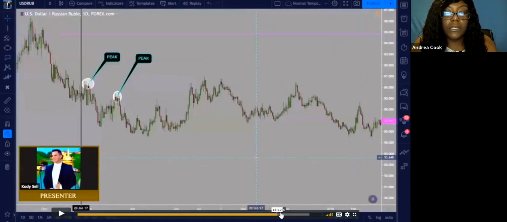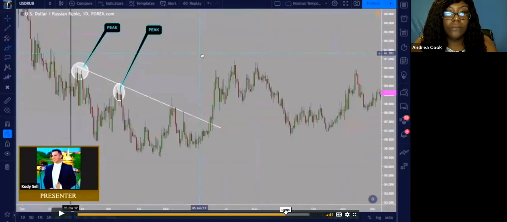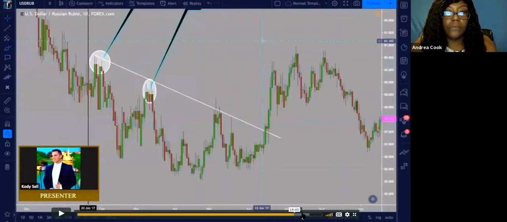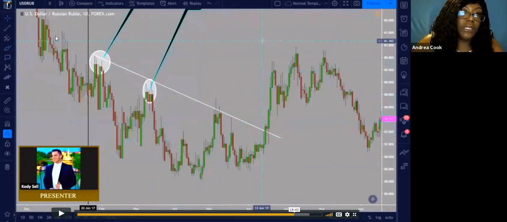All right, so here, this right here is an example of him drawing a trend line. We know that this is coming down. Price is coming down, right? You see these peaks? So you have to draw the trend line, and remember, you can only draw the trend line if you've got at least 2 touches, right?